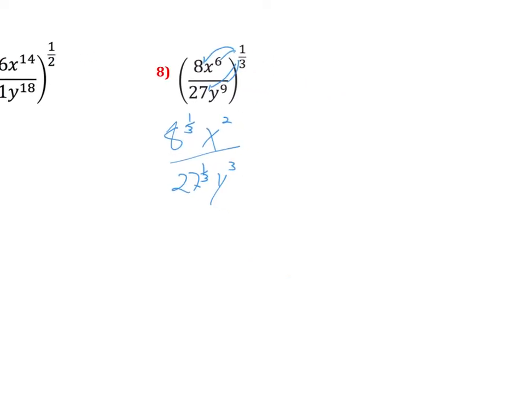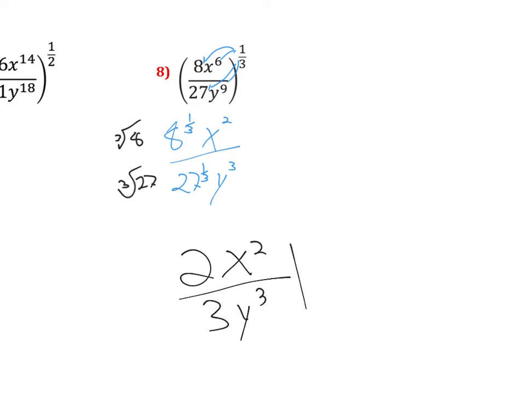All that's left now is evaluate. The third root of 8 is 2, so 2x squared, over the third root of 27, because remember, the 8 to the 1/3 is really the third root of 8, and then third root of 27. That'll be a 3y cubed.